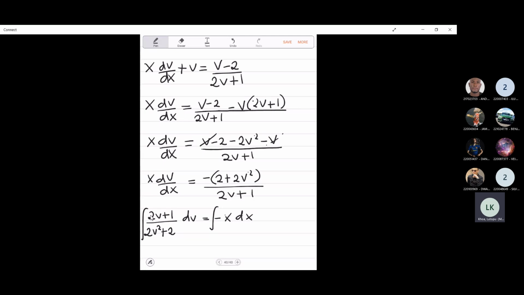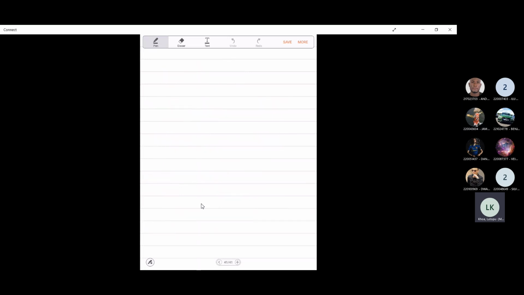The first one, 2v over this, and then 1 over 2v squared plus 1. We can factor out the 2 there, but we know how to integrate this anyway.